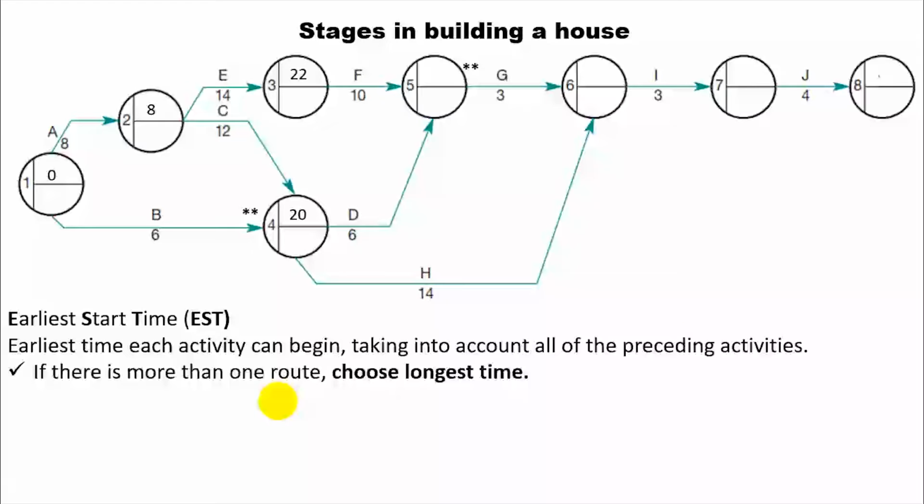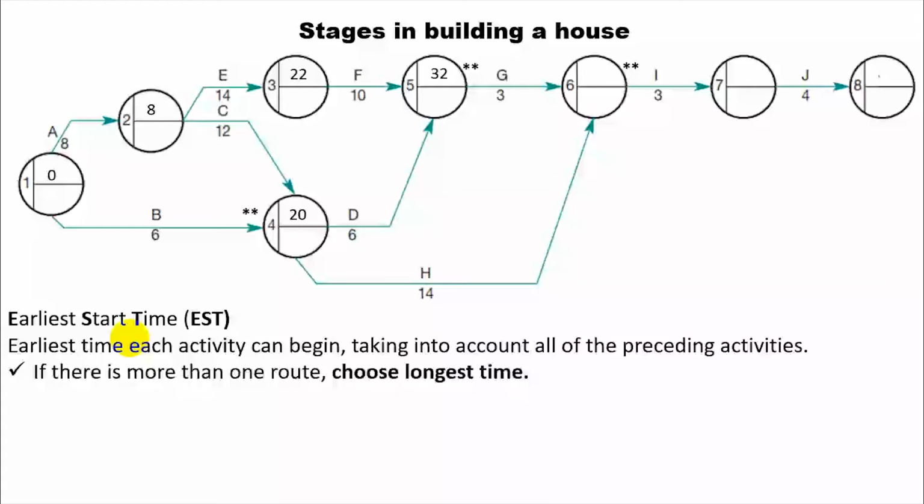For node 5, we are facing the same challenge. We calculate the route with activity F is 32, and with activity D is 26. So we pick the longest, which is 32. For node 6, it's also the same.